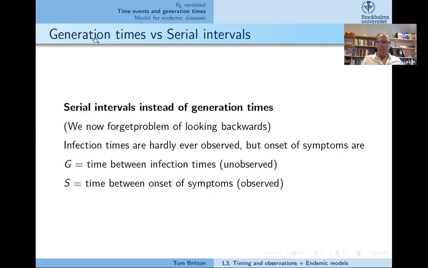And the generation time was defined as the time between infection times of an infector and its infectee. So this usually you don't observe, but what you can observe is the serial interval. That is the time between onset of symptoms of the infector and the infectee.